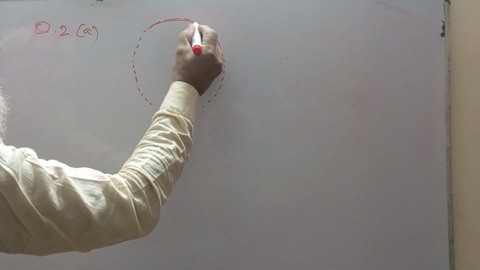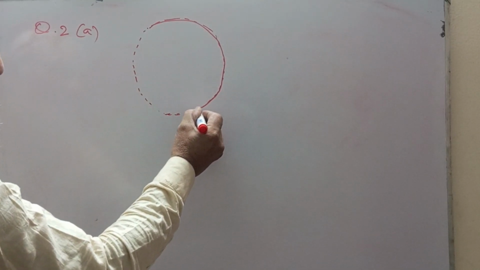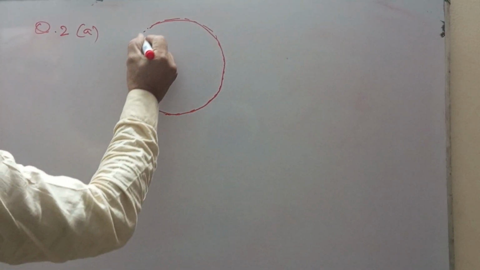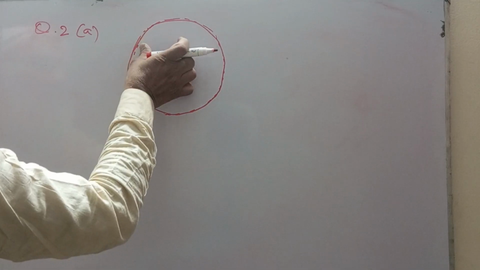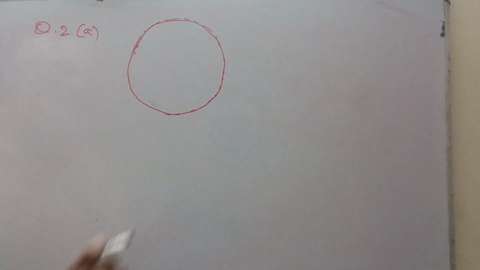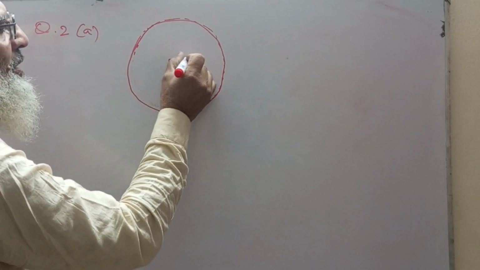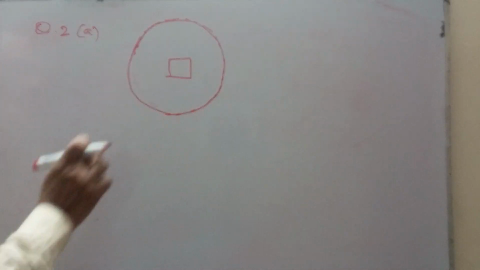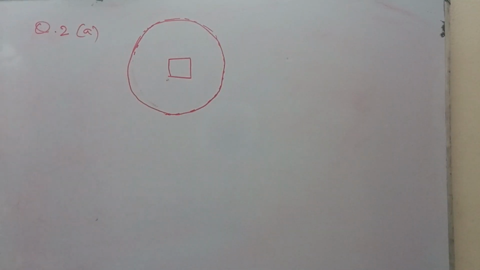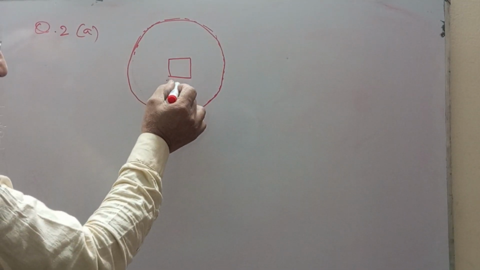Now this is a circle, and in this circle there is a square cutout. There is a square cutout. Now what I have to find is the shaded region.